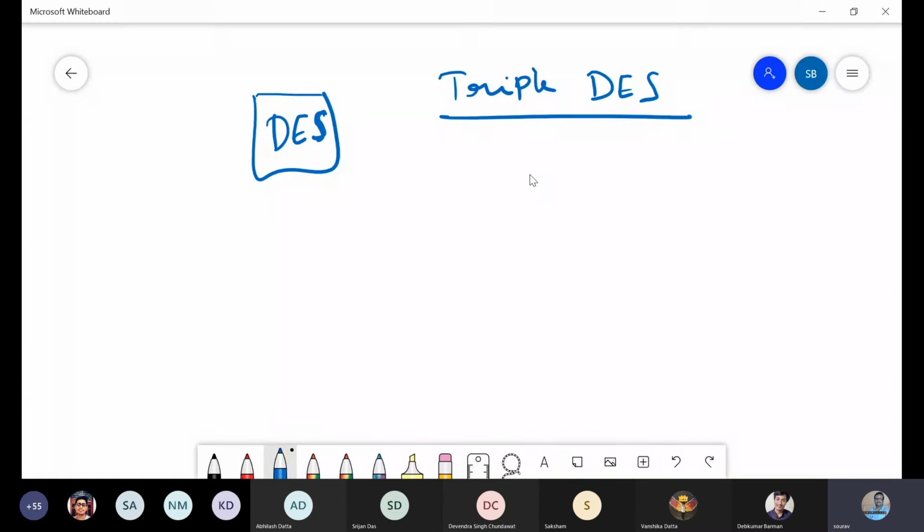So what is triple DES? What is the problem with DES? Why is it broken? Any quick answer? Apart from differential and linear cryptanalysis, what was the major drawback of DES?